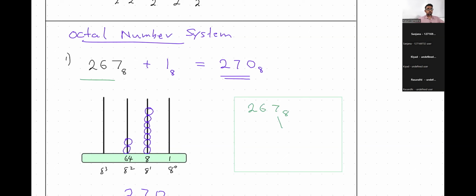These are the place values: 8 to the power 0, 1, 2. Got it? These are the values of these numbers in octal. When you multiply, you will get decimal values. We'll talk about it later.